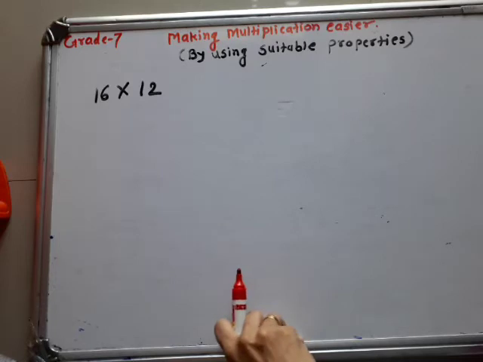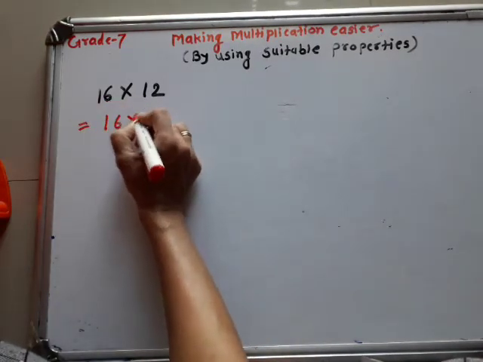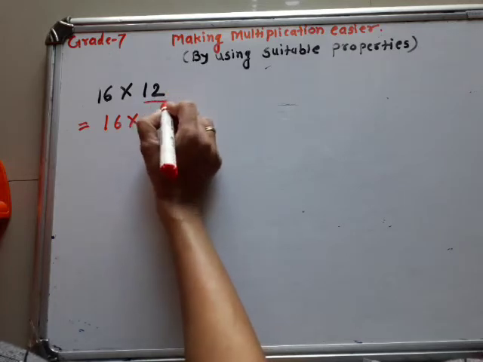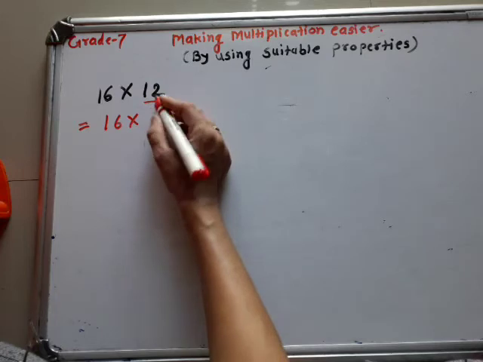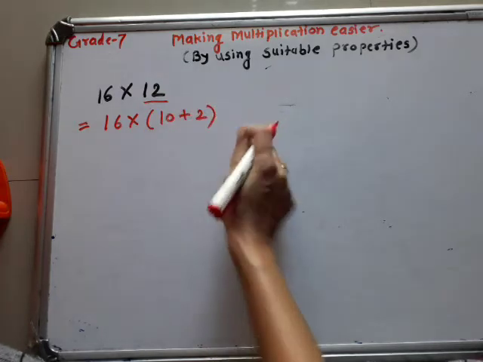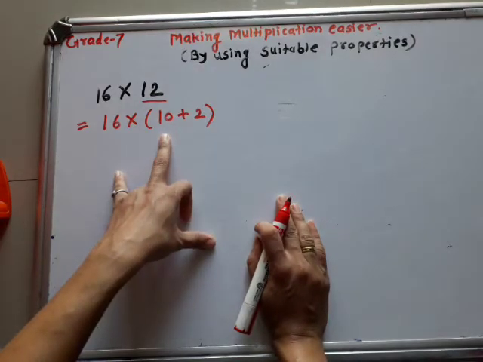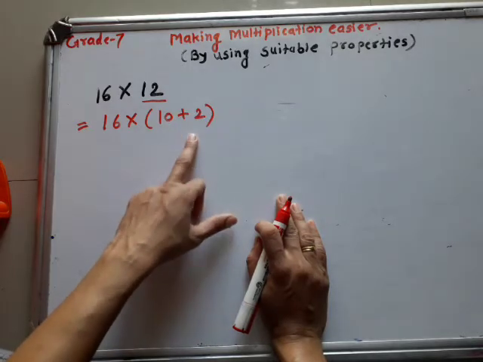Now see here the second question, 16 multiplied by 12. How to solve this? Now we use expanding the bracket. How to write the number in expanded form? 12. How to write 12? 10 plus 2. Okay, you already know that this is smart multiplication. You already learned this multiplication in your previous classes. 16 multiplied by 10 plus 2.